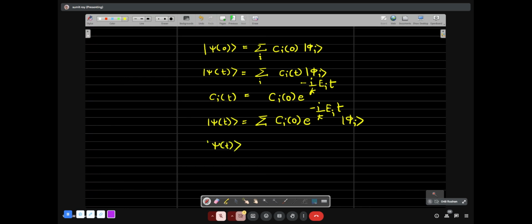Now see, is it that this Ci0 and phi i is our psi 0? Yes, sir. So can I think of something like this: e to the power minus i by h cut Eit, and then you have this psi 0.